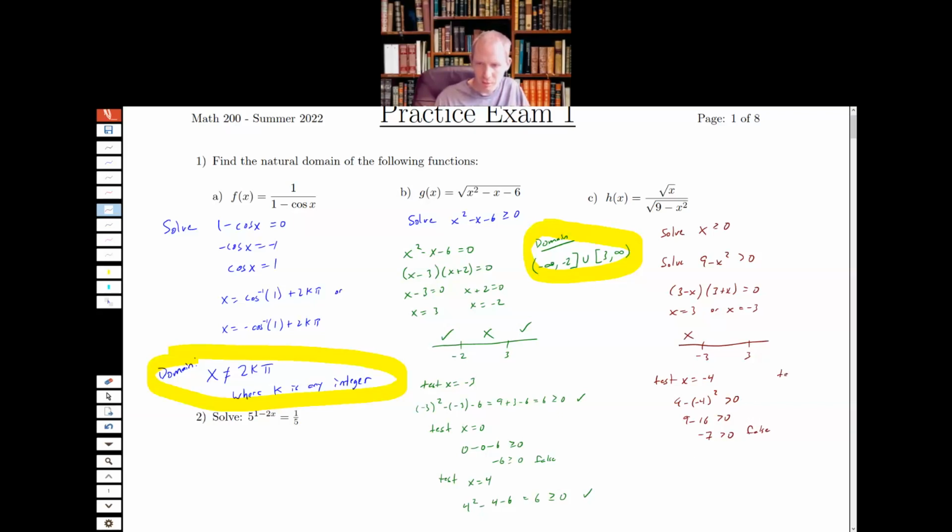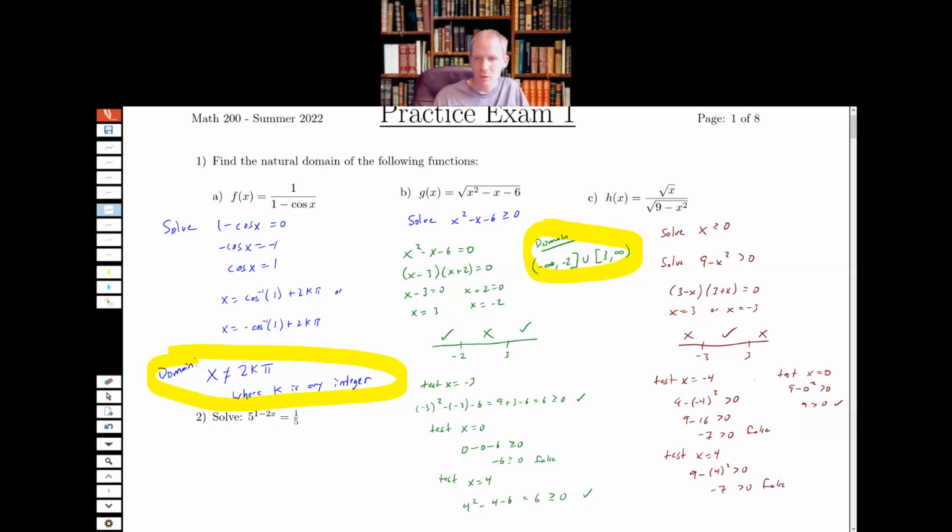Okay. Let's test something between negative 3 and 3. The easy number there is 0. 9 minus 0 squared works. And finally, let's test something bigger than 3. Let's test x equals 4. So once again, I get a negative 7 greater than 0, which is false.